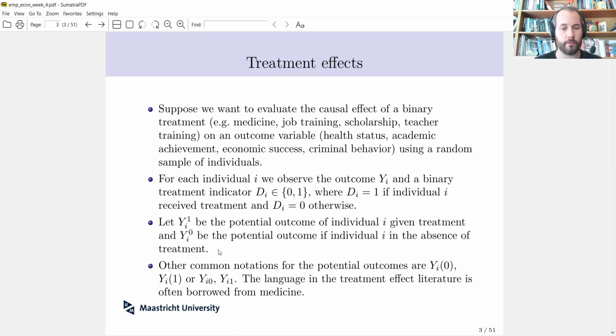If you look into the references, there are several notations for the same things. For instance, here, Y_i with the 0 in brackets is the same thing as this. And as you also see, the language that we use in this literature is often borrowed from medicine, when we talk about treatment and control groups and this kind of thing.